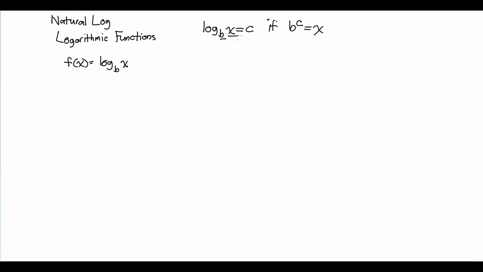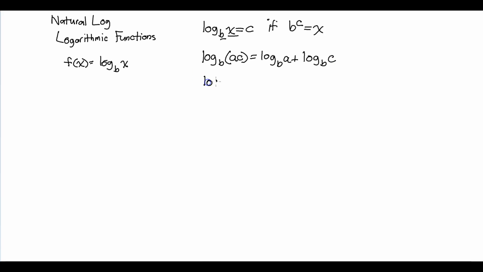Now, if you remember, there are lots of log properties that you need to remember, so this should be kind of a review. Log base b of a times c equals log base b of a plus log base b of c.